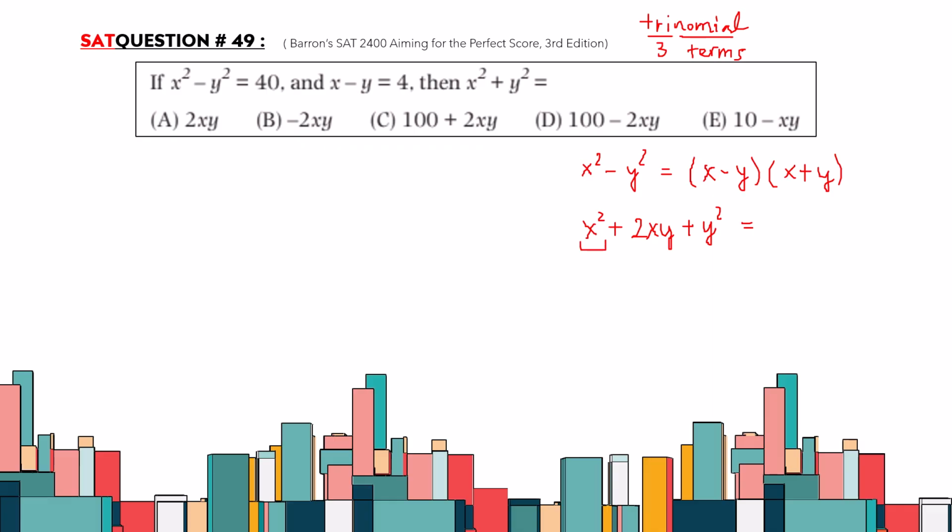Each of the pieces right here is called a term or nomial. And that will be equal to x plus y all squared.